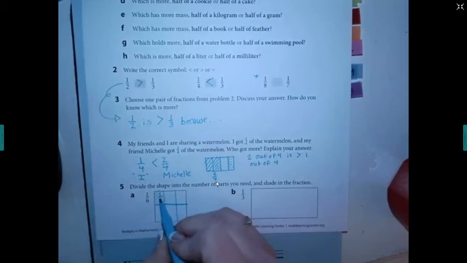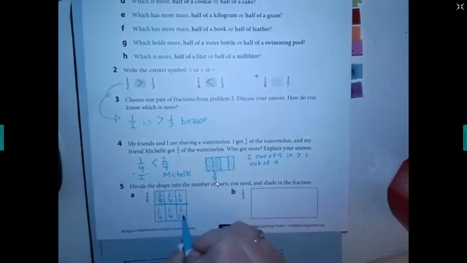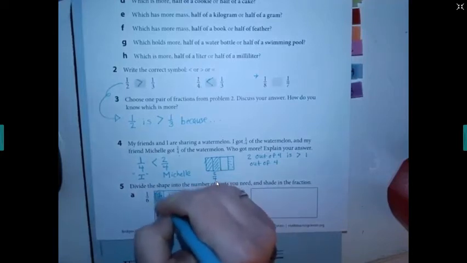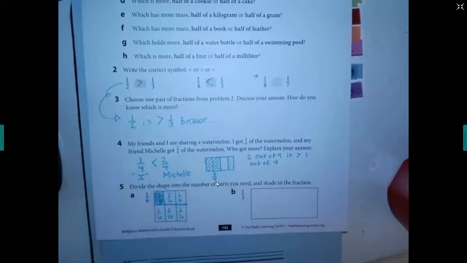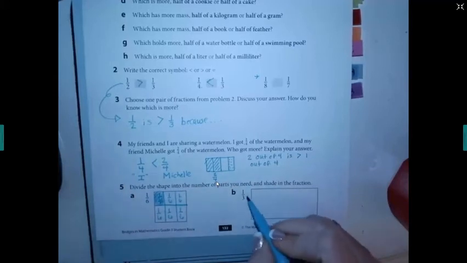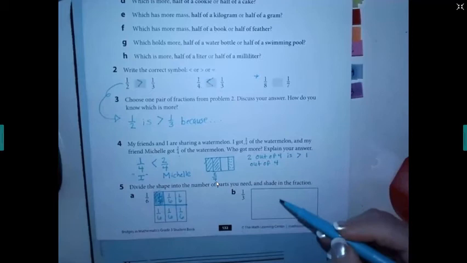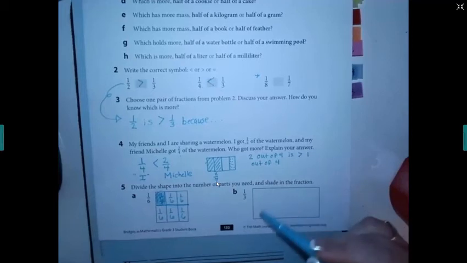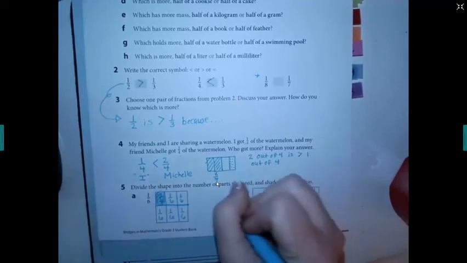Each one of these is 1/6. But I just shade in 1 out of 6. Now here we're going to do 1 out of 3. So you're going to cut this into 3 equal pieces and then shade in 1 out of the 3. We'll come back and check that in a minute.